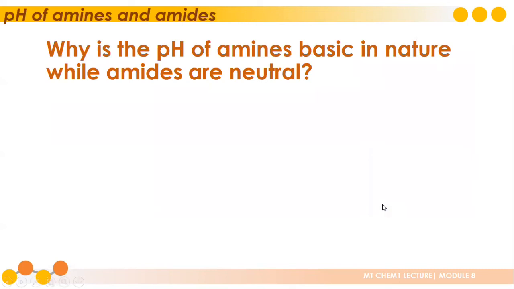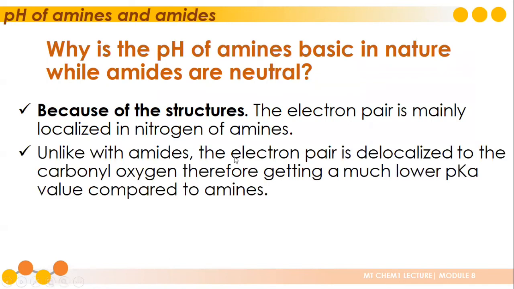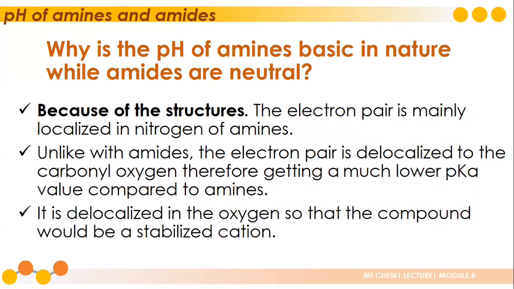Now, why is the pH of amines basic in nature while amides are neutral? This is because of their structures. The electron pair is mainly localized in the nitrogen of amines, meaning they have much higher chances of being basic. Unlike with amides, the electron pair is delocalized to the carbonyl oxygen, therefore getting a much lower pKa value compared to amines.